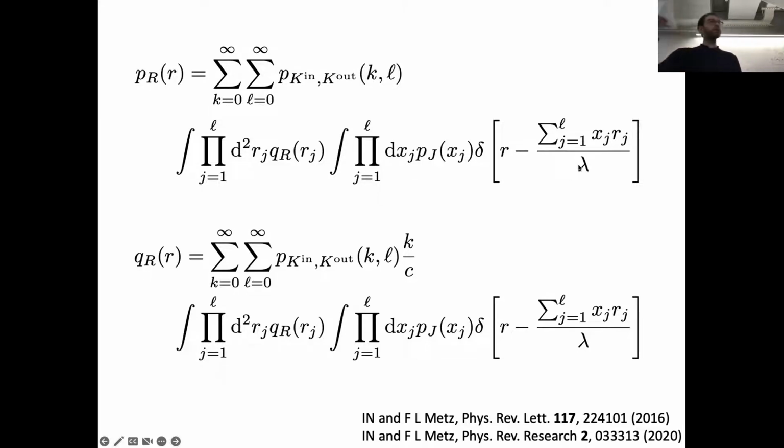So if you have a given eigenvalue lambda, this will give you the distribution of entries of the right eigenvector associated with this eigenvalue.